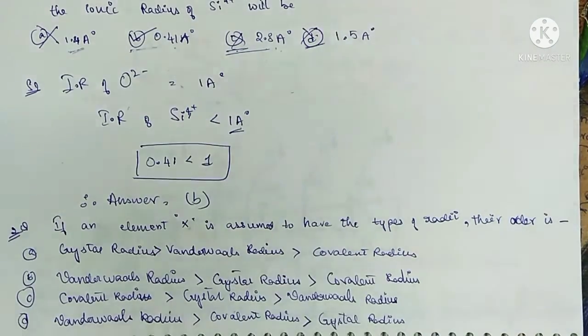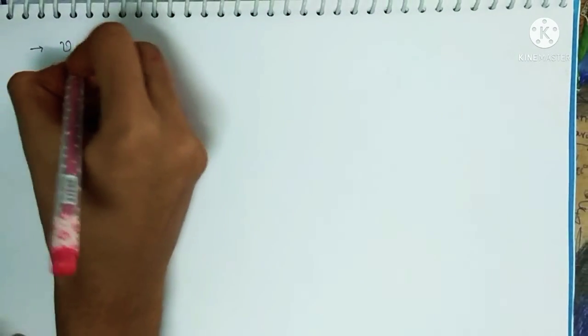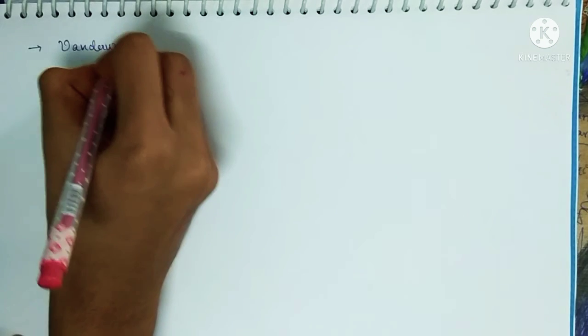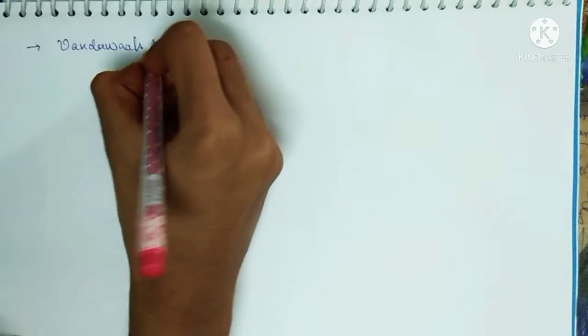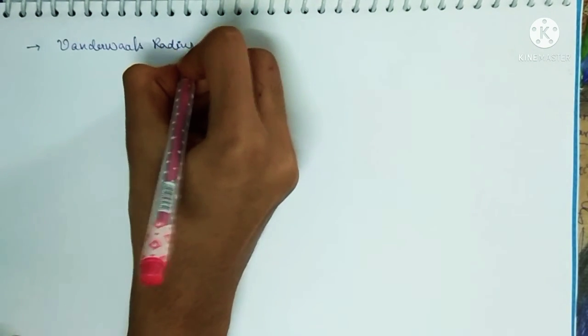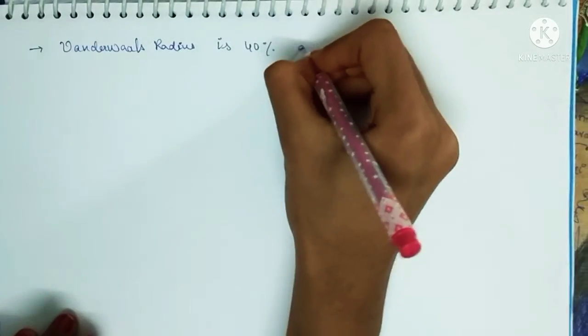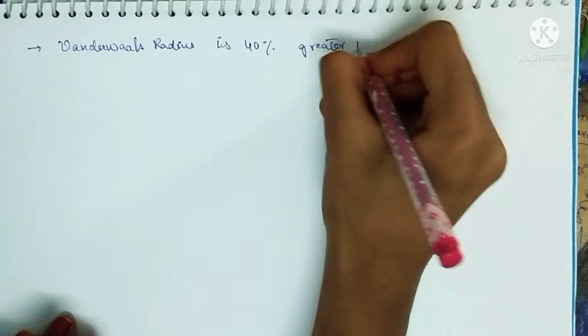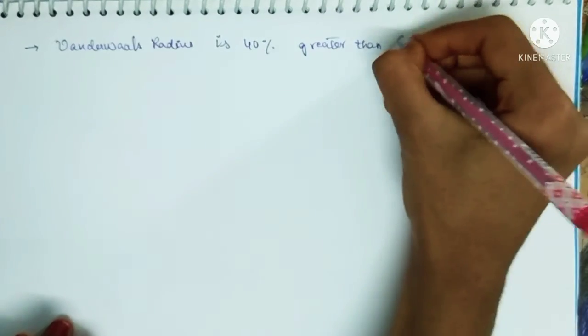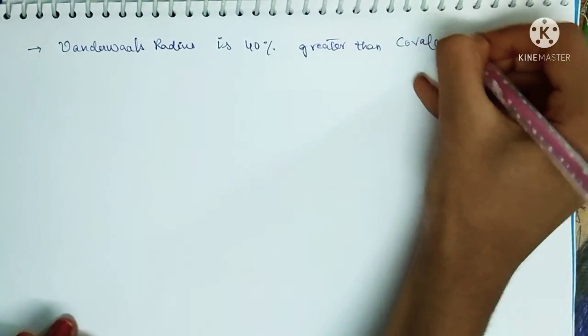So the answer to this question is, an important point to be noted is that van der Waals radius is 40% greater than covalent radius.